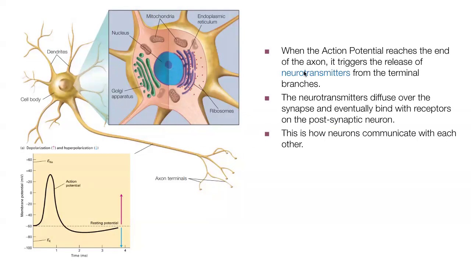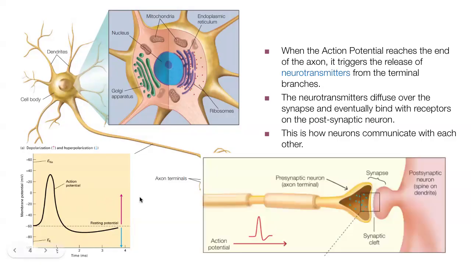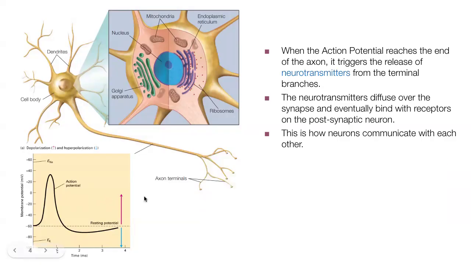So when the action potential reaches the end of these nerve endings, basically the axon terminals, it releases what we call neurotransmitters. You've all maybe heard of neurotransmitters, right? What are some example neurotransmitters? Okay, yeah.